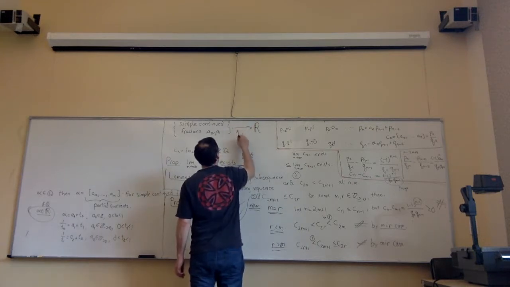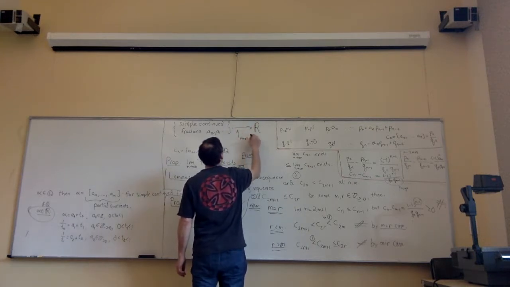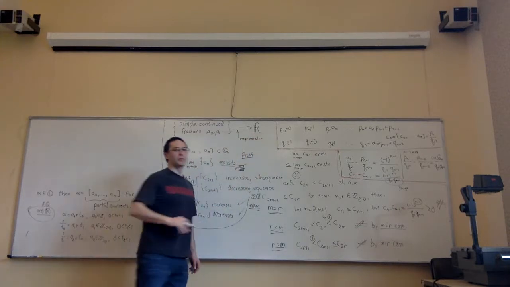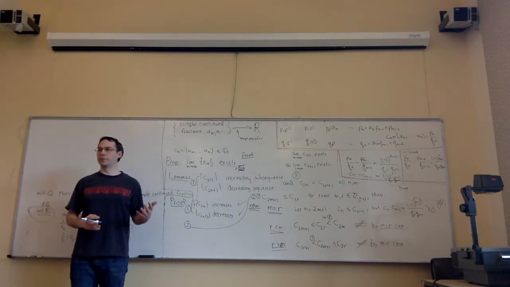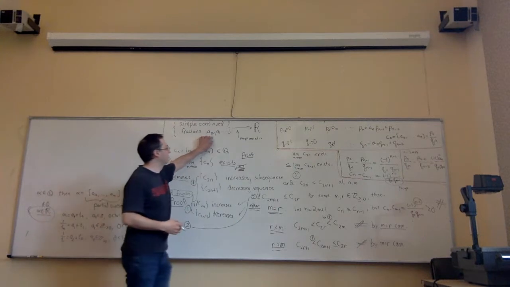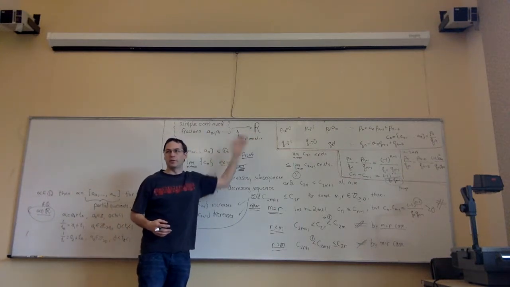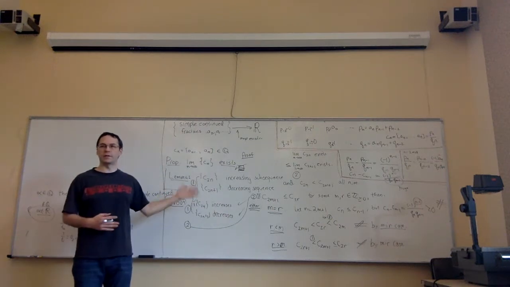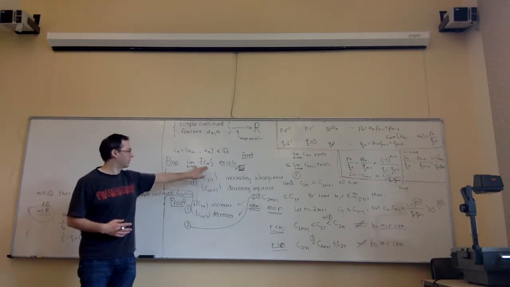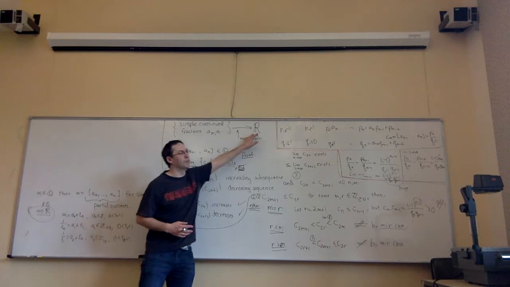So this map exists. That's what we just proved. It's a natural thing. And the map, of course, is: take the continued fraction, take the numbers, and evaluate that continued fraction, and you get a real number. The fact that the sequence we were considering converges tells you that that real number exists.